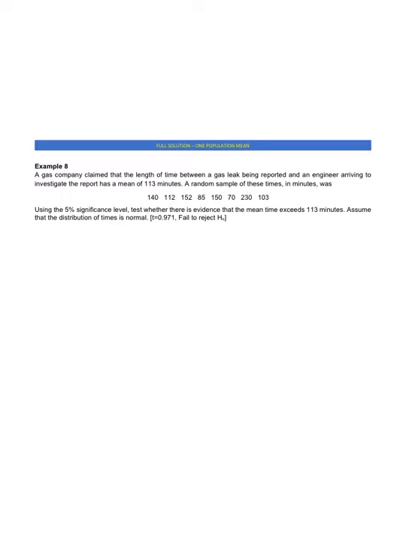Assume that the distribution of time is normally distributed. So for this case, first you have to calculate the x bar value for the random sample. Based on the calculator, I get x bar equals 130.25 and the sample standard deviation equivalent to 50.2302. So n we have 8.